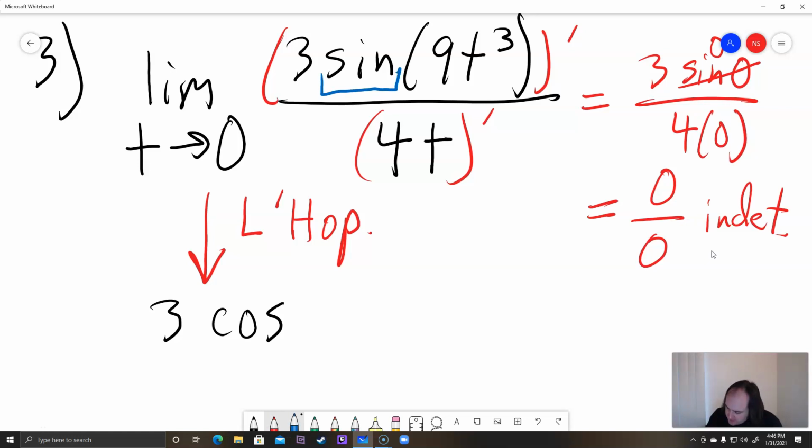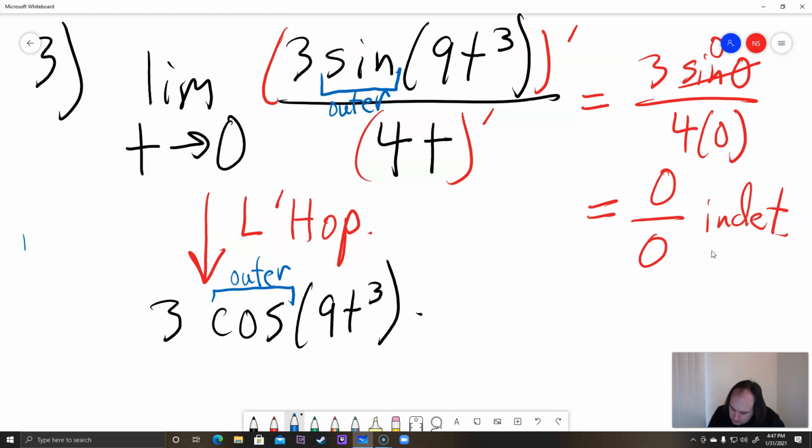And then you leave the inner function alone, so it's going to be 3 times cosine of 9t cubed. But then you have to multiply this times the derivative of the inside function. That was just the derivative of the outer function, inner left alone. So we're using the chain rule to take this derivative.